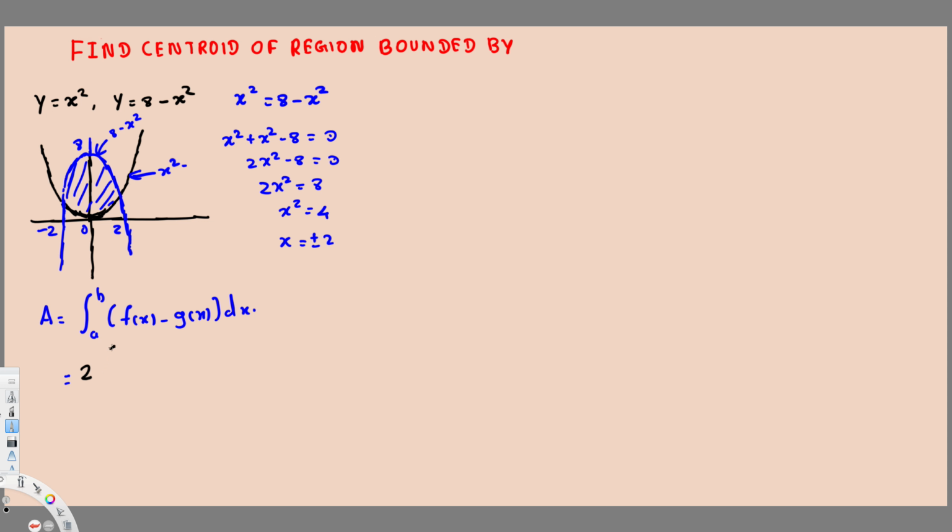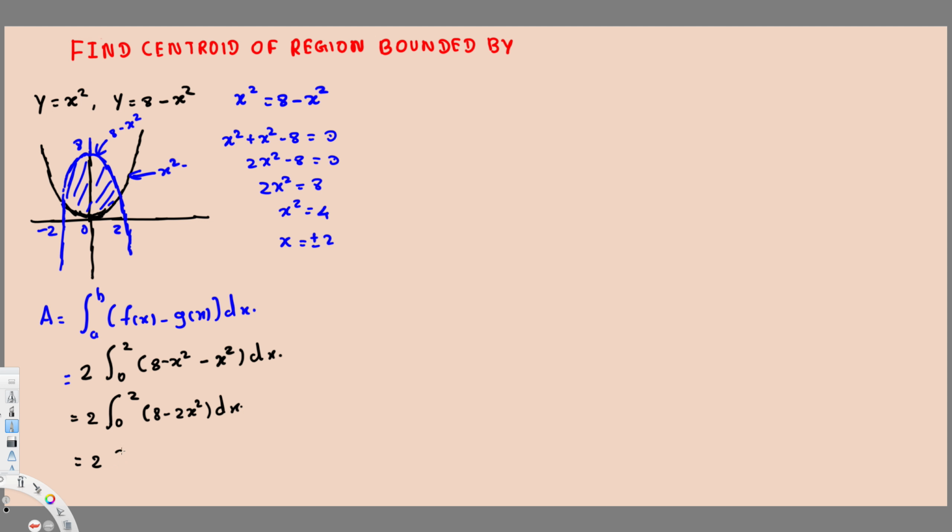2 times the integral from 0 to 2 of f of x, the top function, that is 8 minus x square, minus g of x, that's x square, dx. Right, so we have 0 to 2, 8 minus 2x square dx. Now we can do the integration.